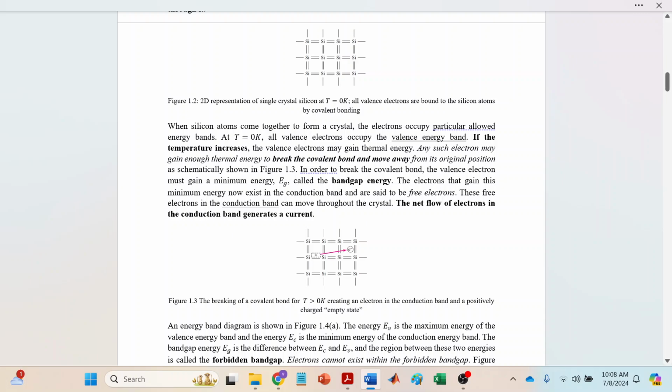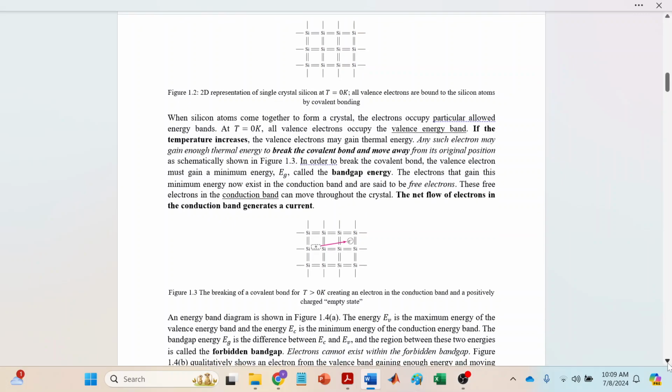The electrons that gain the minimum energy now exist in the conduction band, and they are free electrons. The free electrons in the conduction band can move within the crystal structure of the silicon. And when the charges move, current is generated.